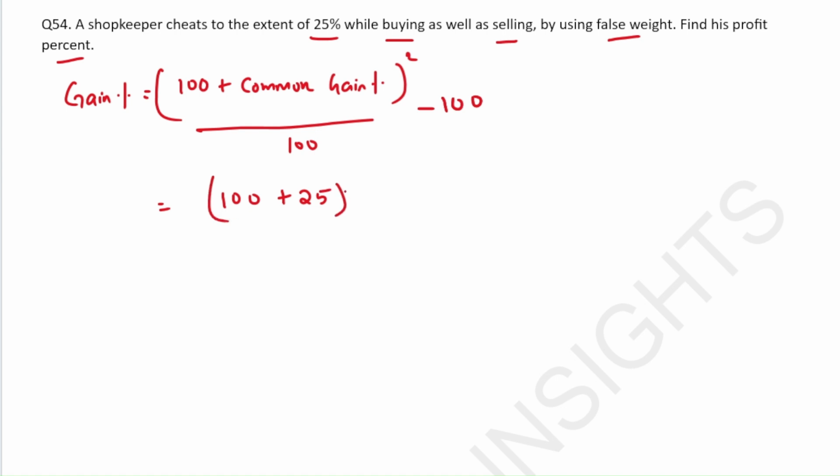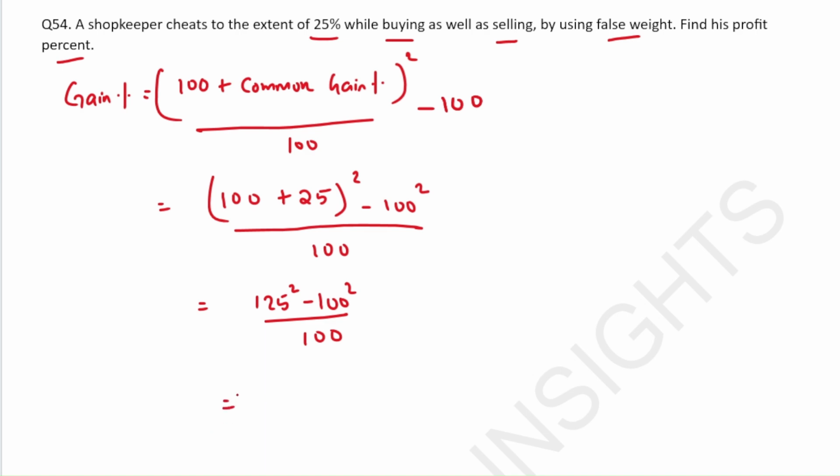25 whole square. So if you do LCM, this will be 100 square. So 100 plus 25 will be 125 square minus 100 square divided by 100. So you use the a square minus b square formula, that is (125 plus 100)(125 minus 100) divided by 100.